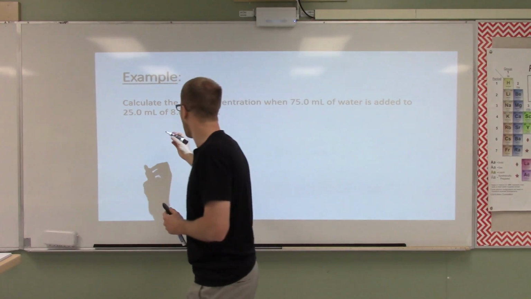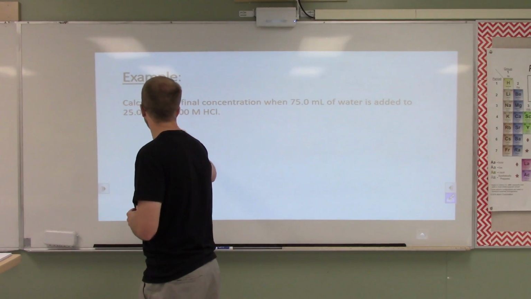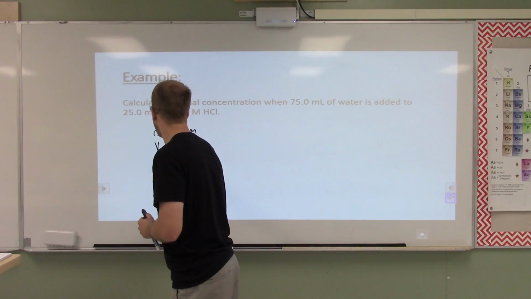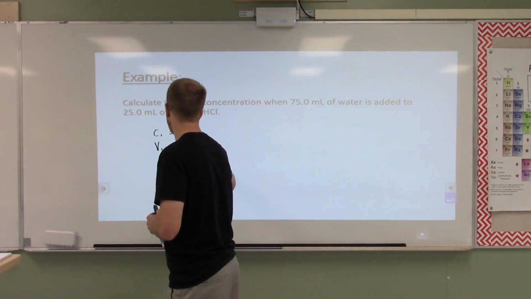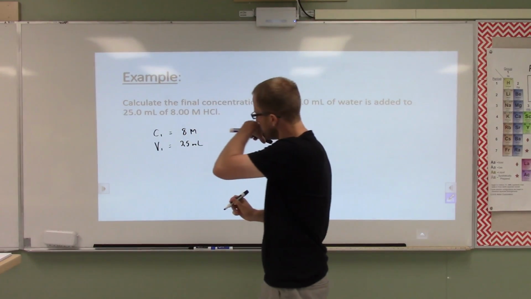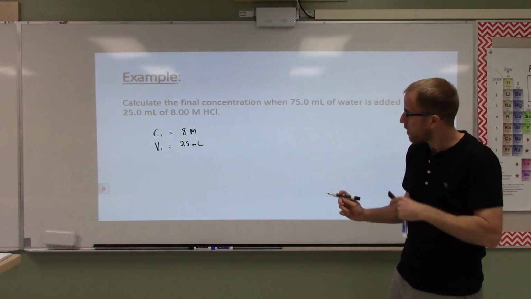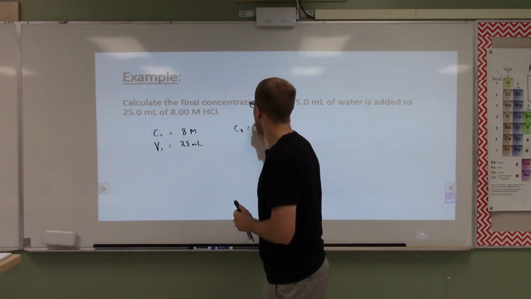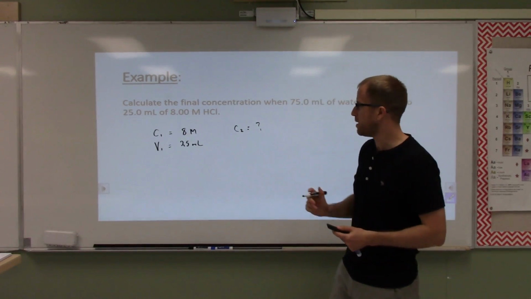We know that our concentration initially is 8 molar, our volume initially is 25 milliliters, and our final concentration is what we are looking for. We don't know what that is.